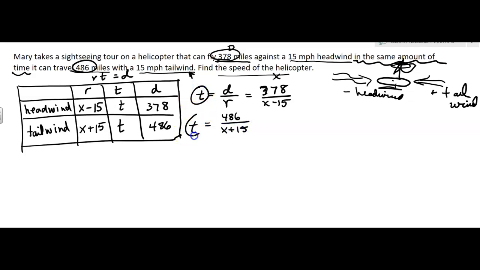But this time and this time are the same. And so 378 over x minus 15 is equal to 486 over x plus 15.